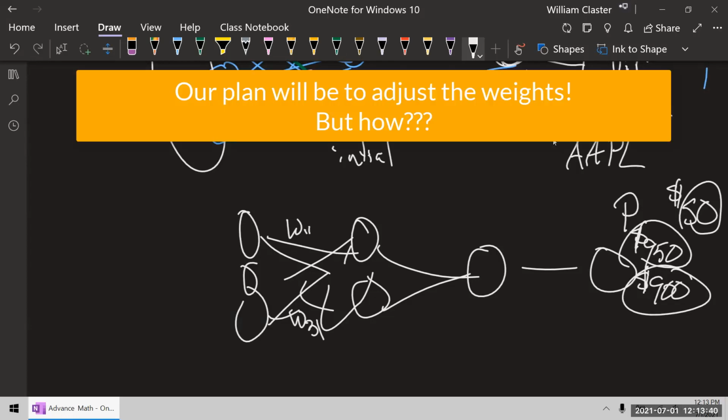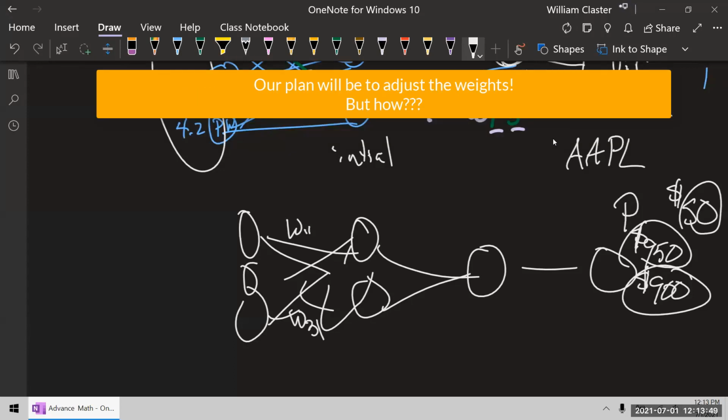What we can do is use the error and try to adjust the weights, so that given that same input that predicted the price was going to be 950, if we change the weights, maybe it would actually predict 900. So somehow we want to adjust the weights based on the fact that we got some $50 error.